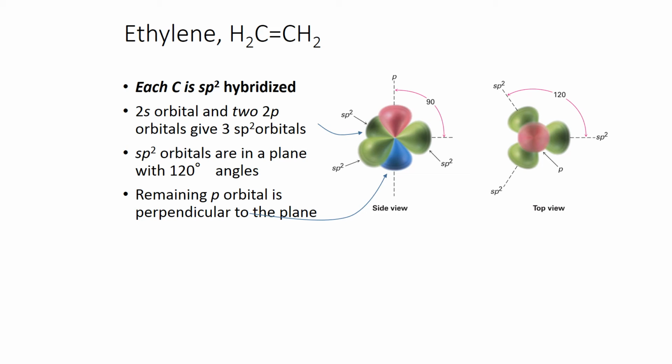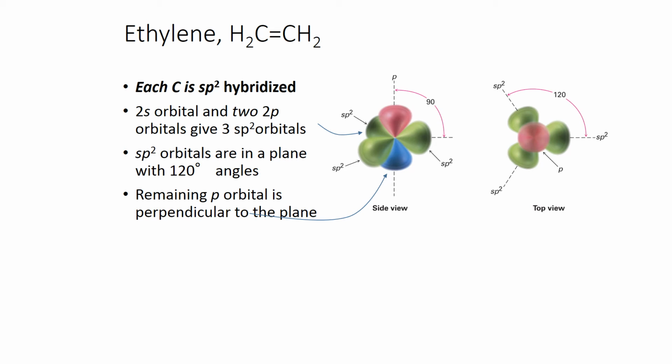So an sp2 hybridized carbon has 1, 2, 3 sp2 orbitals and this leftover p orbital. There's 1 electron in each of these 4 orbitals. If you turn it on its side, as is shown right here, the p orbital is sticking out of the page and the 3 sp2 orbitals are in the plane of the page.